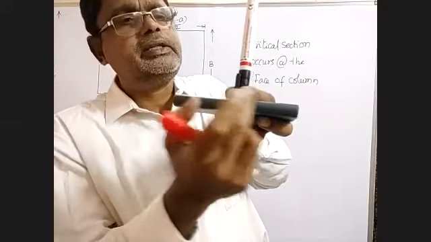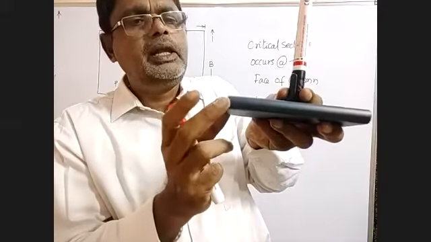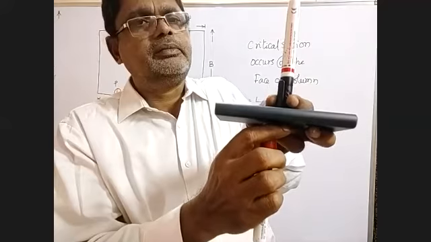Let us say this is L, this is B. In this B length, QU acts as pressure.